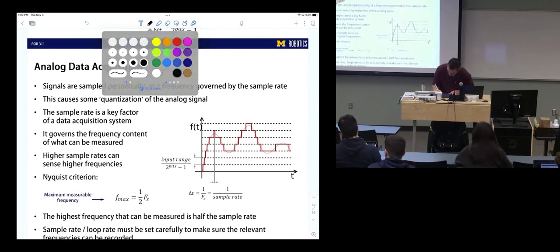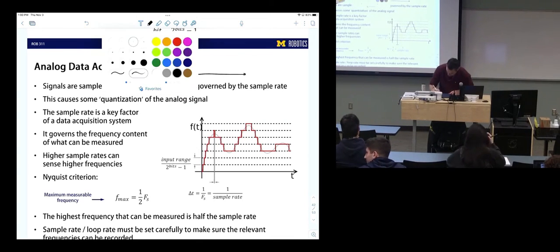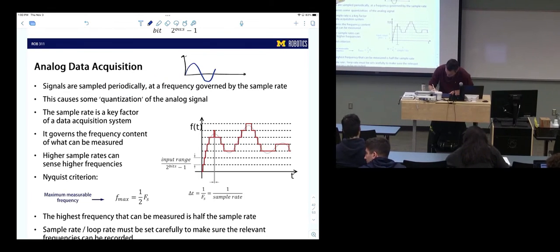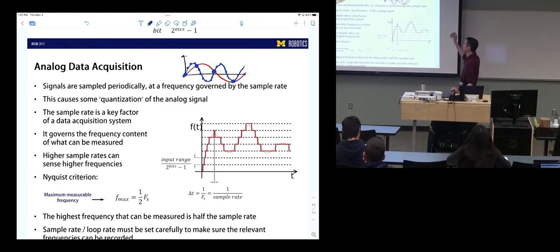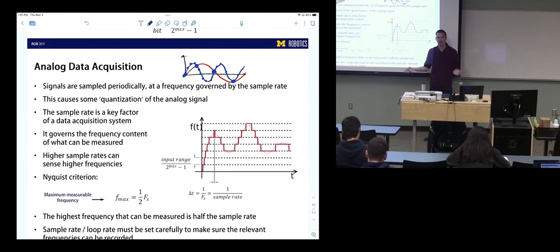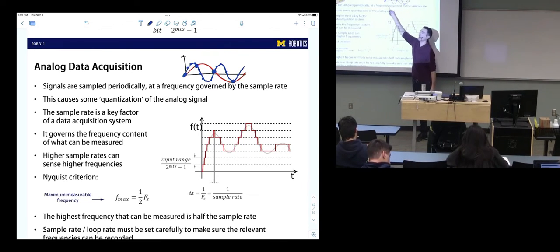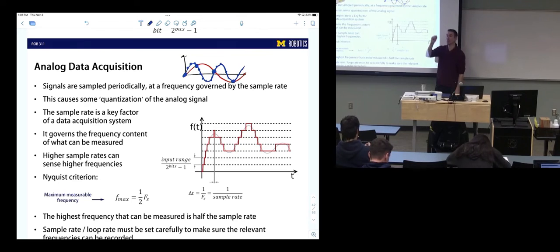Aliasing would be this. Let's say your signal is actually the blue signal, because that's what's actually happening, but you're sampling it at the thick blue dots, and the red line goes through those thick blue dots.